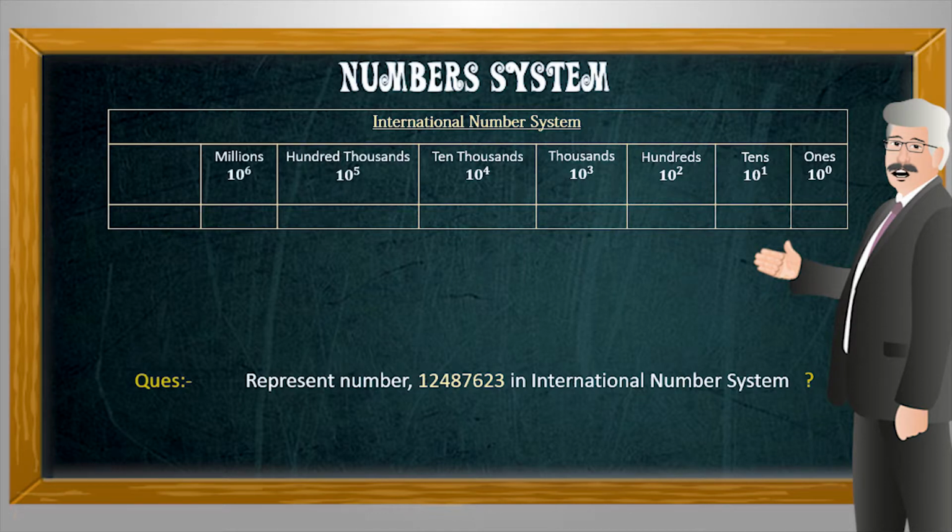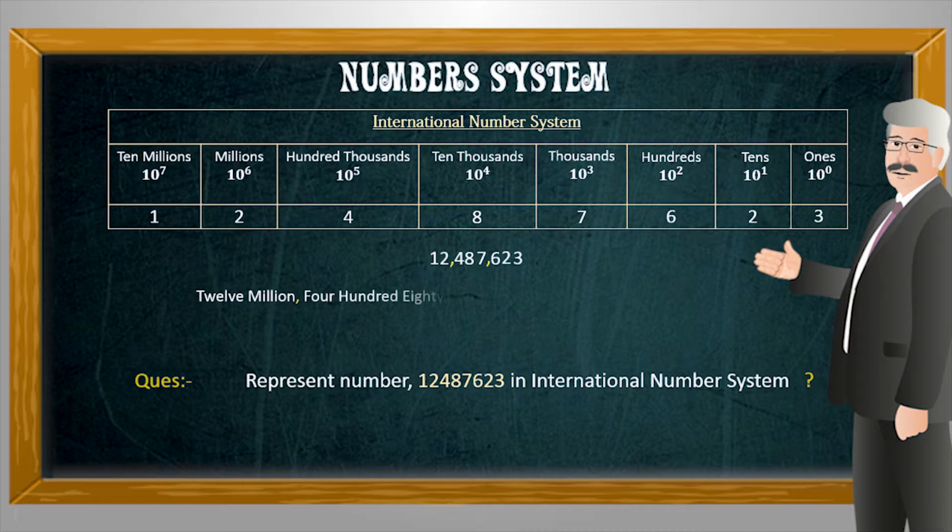First step is to place the rightmost digit at the ones place, then the next left digit is placed at the tens place, and likewise. Once this process is completed, commas are placed after every third digit, counting from the rightmost side, and this is how we represent a number in the international number system.